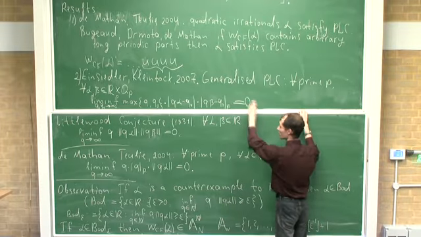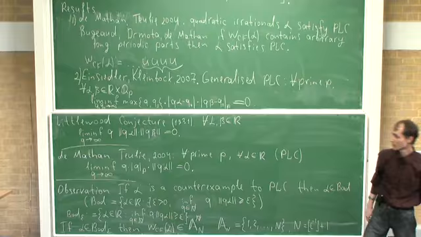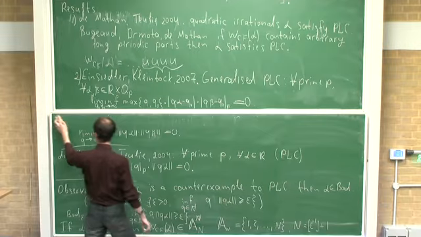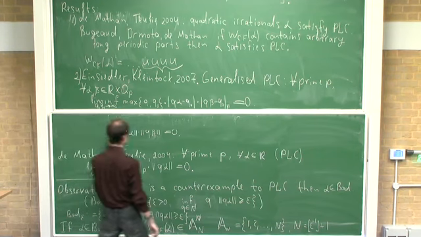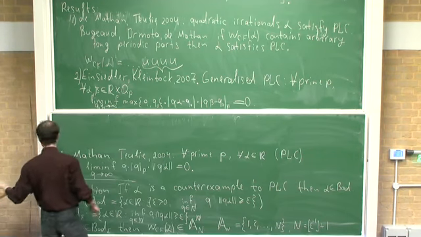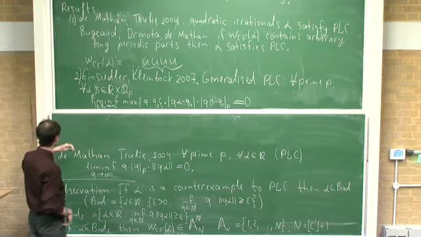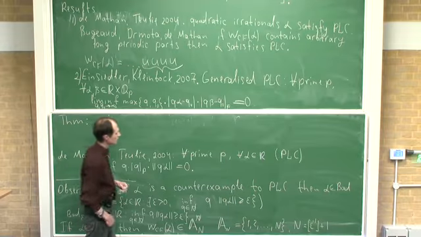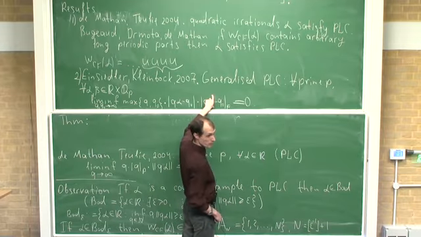So they consider this problem, and their result is as follows. Their theorem: for every fixed beta.